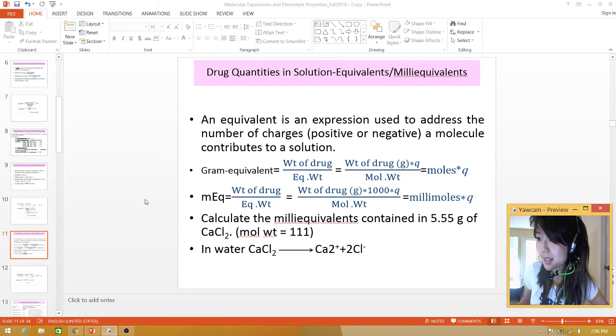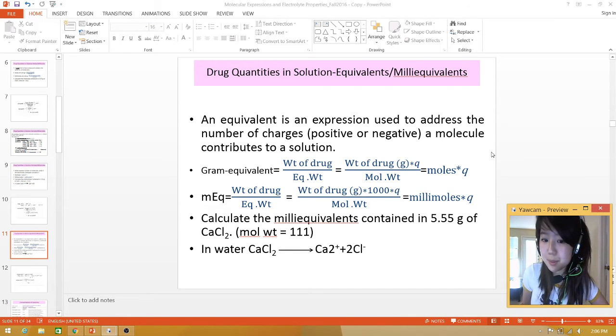An equivalent is an expression used to address the number of charges, positive or negative, that a molecule contributes to a solution. So the equivalent is just going to be the moles times Q, and Q is going to be the absolute value of the charge of one of the ions that dissociates in the solution.